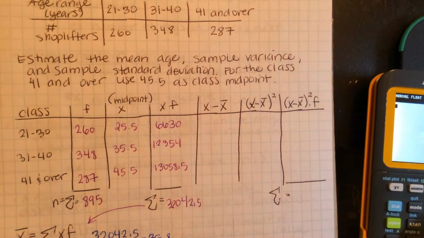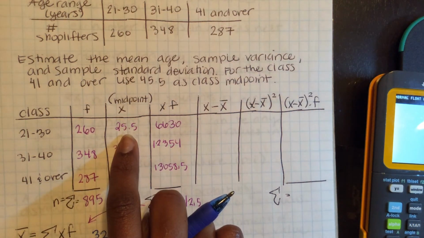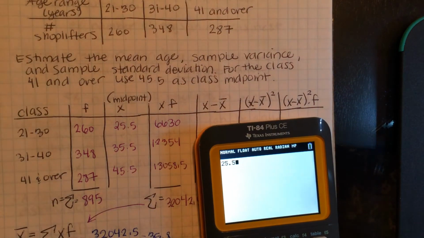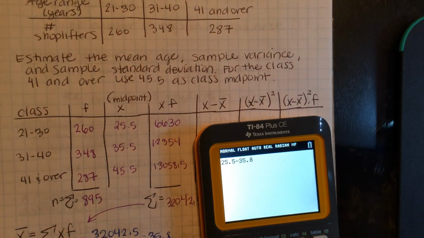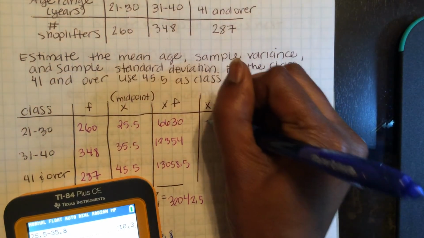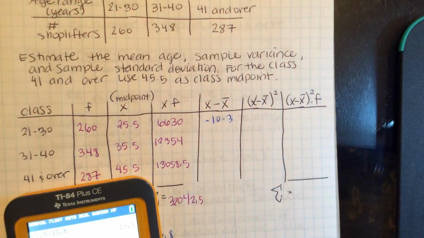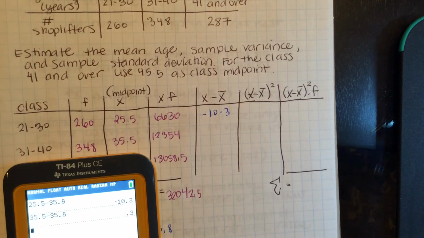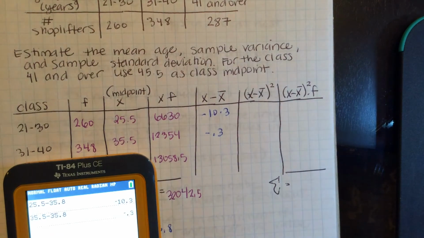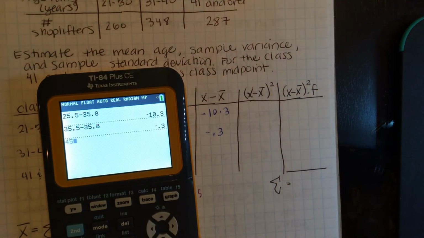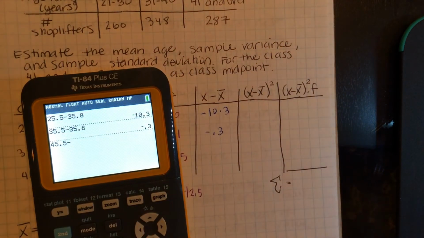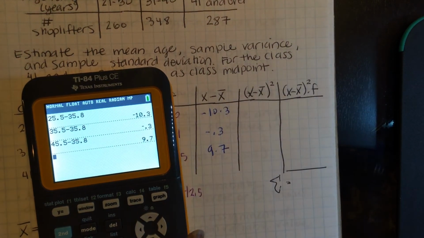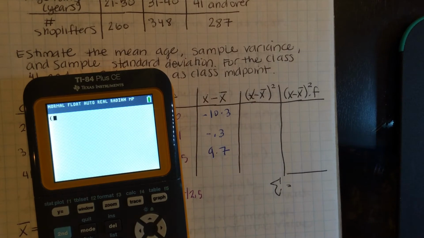So here are my x values, and my mean is 35.8. 25.5 minus 35.8 is negative 10.3. 35.5 minus 35.8 is negative 0.3, and 45.5 minus 35.8 is 9.7. So now I need to square each of these.